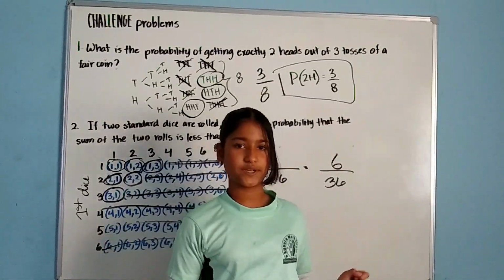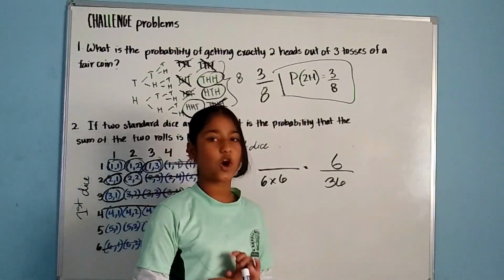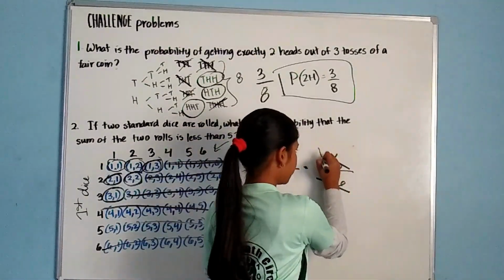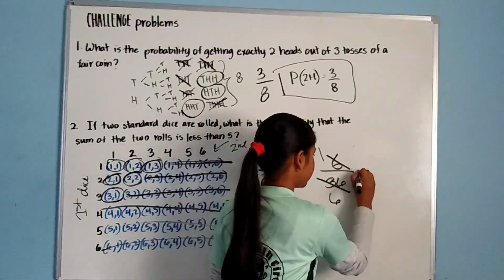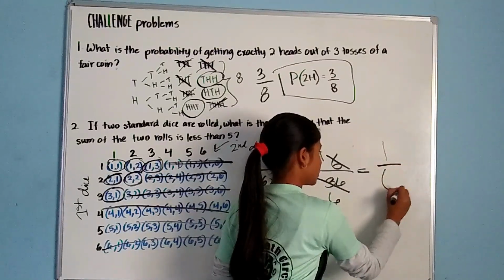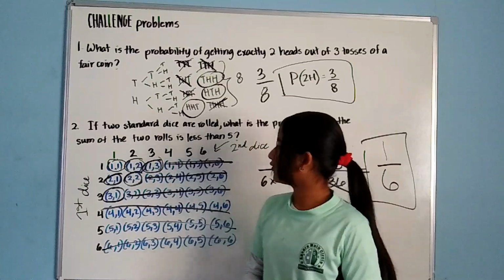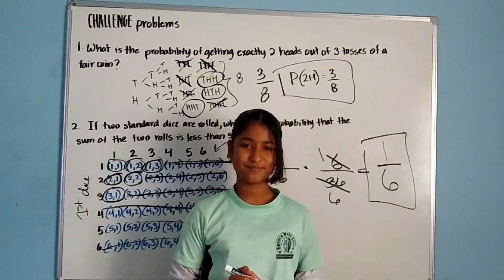So 6 over 36. Now can we simplify this further? Well, we know that it has a common factor of 6. So this will become a 1, and since we're dividing 36 by 6, we get 6. So our answer is 1 over 6. So the probability of getting a sum that is less than 5 is 1 over 6.